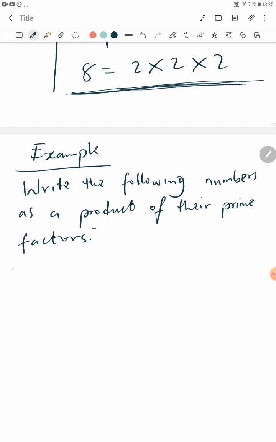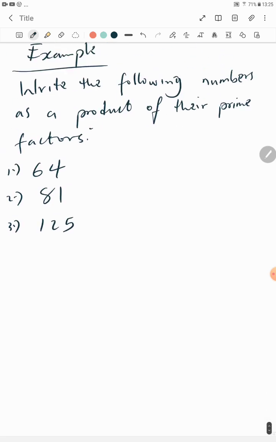So let's have the numbers. Let's have 64. Let's have 81. Let's have 125. Okay, let's just deal with these 3 first.